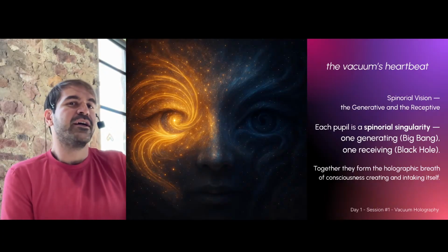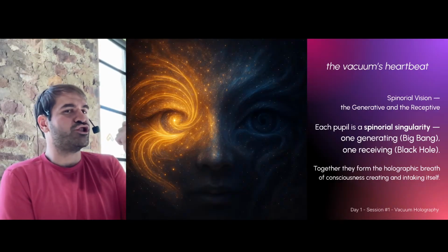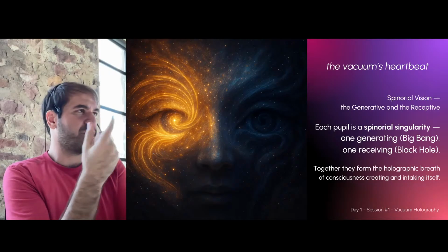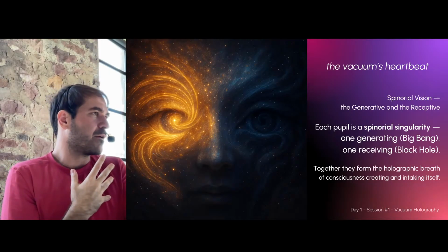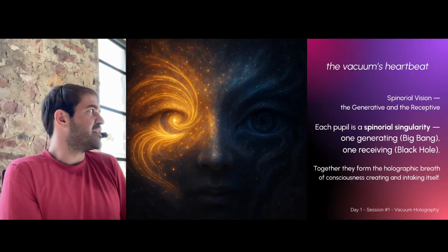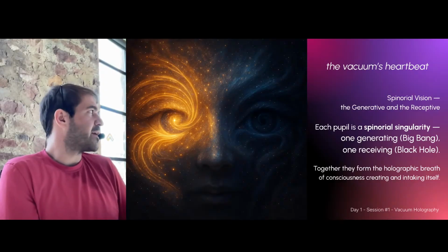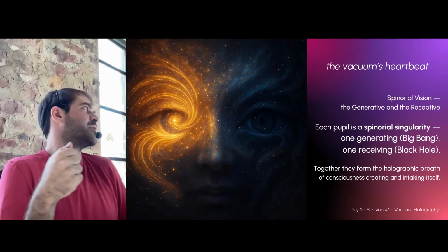We'll get there. Each pupil is a spinorial singularity. One is generating, big banging, one's receiving, black holing. That's why it's bang holing. In general relativity, the problem is not only reconciling quantum mechanics, but the problem is also the singularities that are found in black holes, and that is the Big Bang.